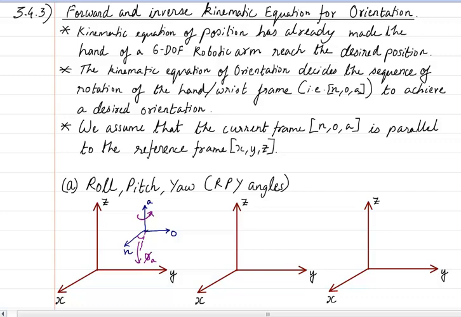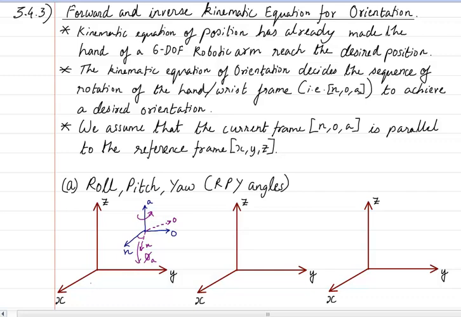Similarly, O also will get shifted by that much. So let me draw it as dotted. So this is now the new N and this is the new O, because we have rotated. So that is the first sequence.